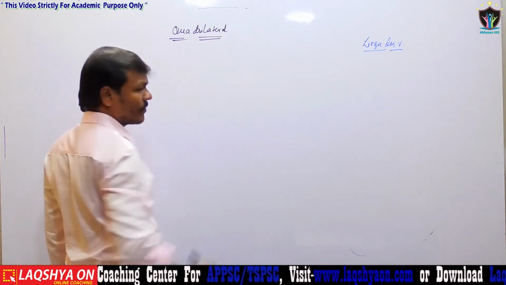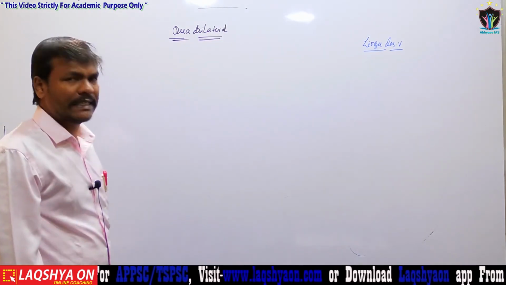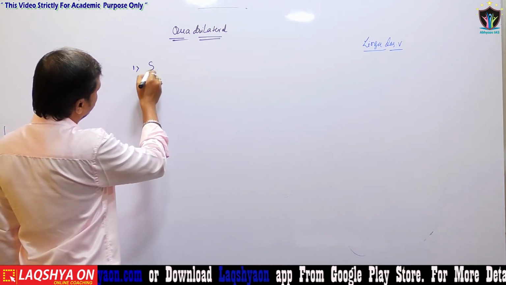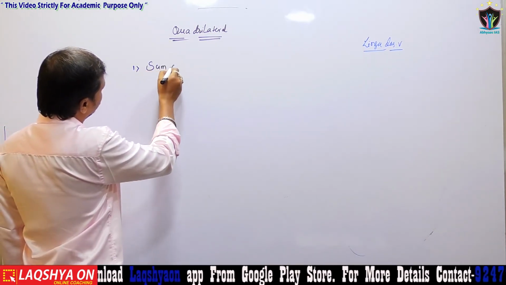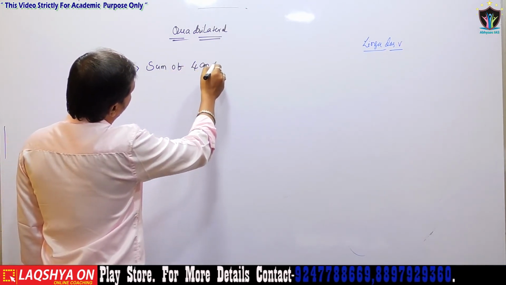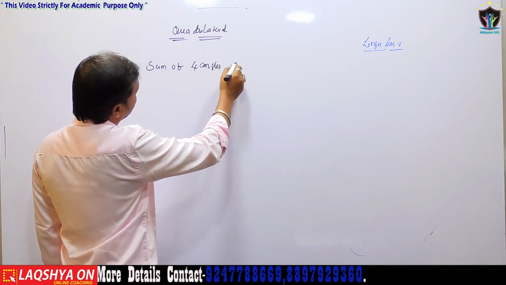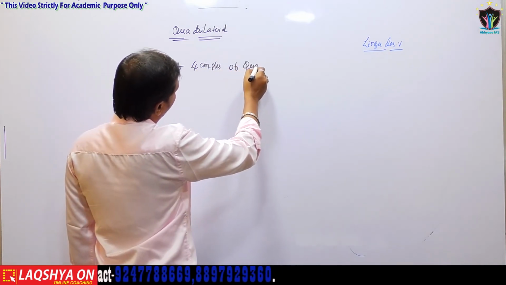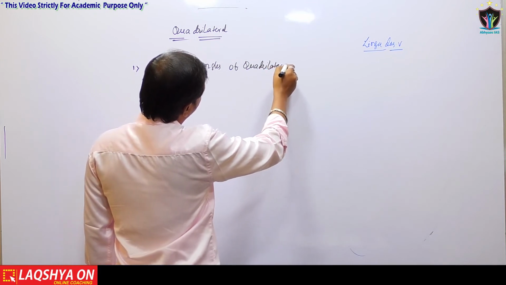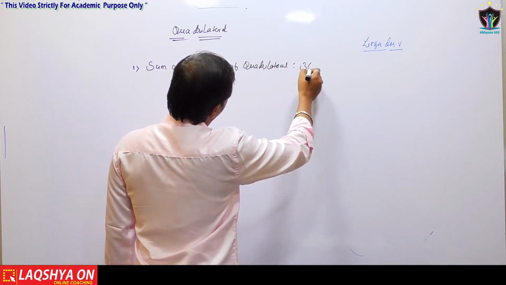Simple. The basic properties of a quadrilateral. First point, the sum of the four angles of a quadrilateral is 360 degrees.